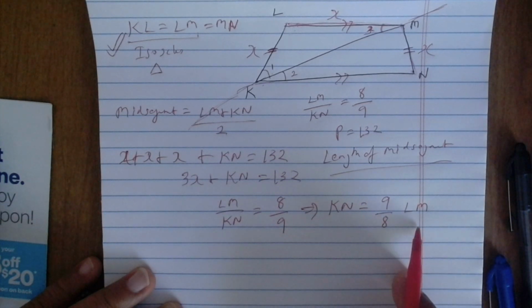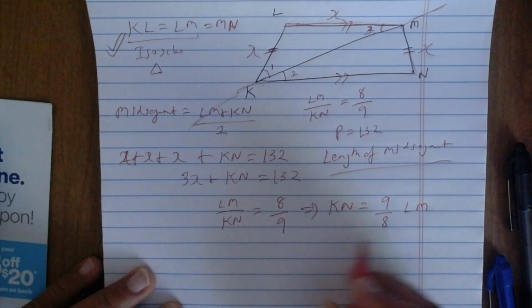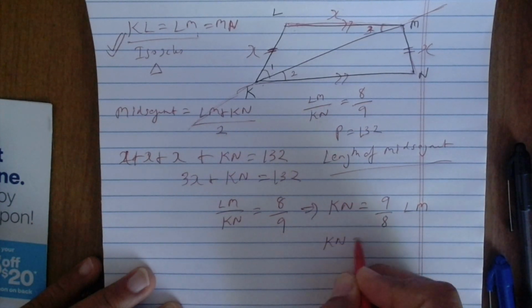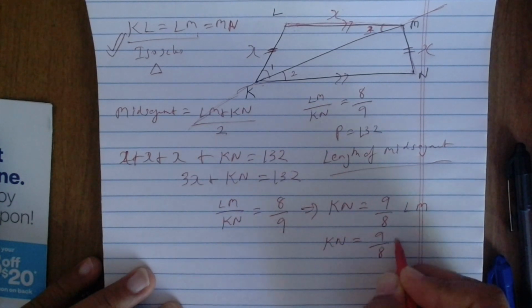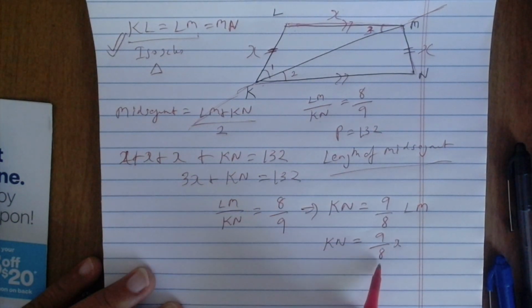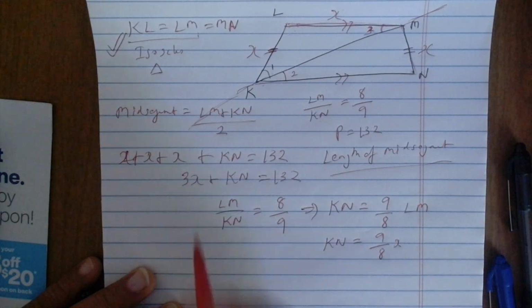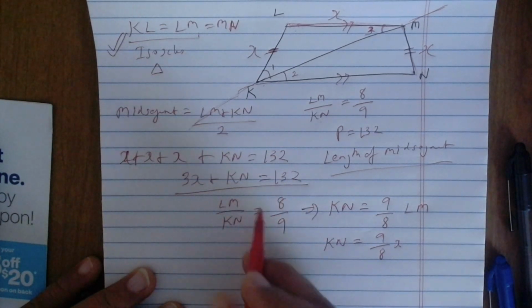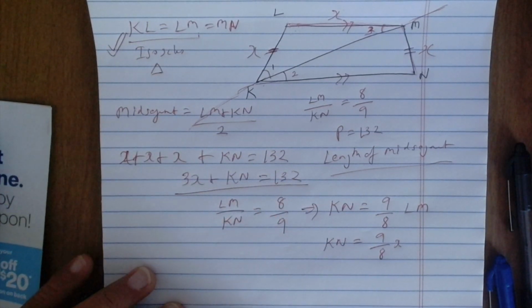So 9 by 8 LM, and we know LM is X. So KN equals 9 by 8 X. Now if you substitute KN's value in this equation, you will find the value of X.